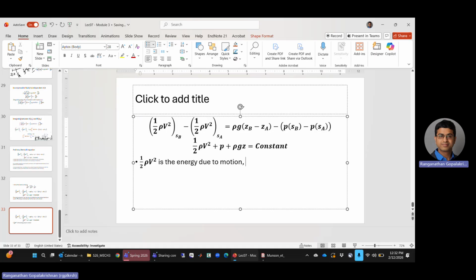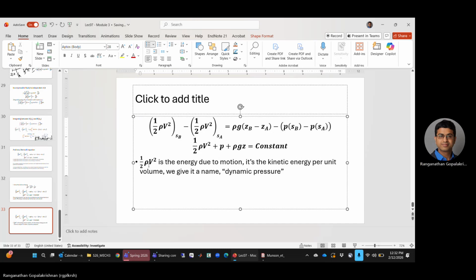It's the kinetic energy per unit volume, and we give it a name, dynamic pressure. We are not going to keep calling it half rho v squared anymore. Henceforth, it is dynamic pressure. It's the pressure that arises due to the fluid's motion.